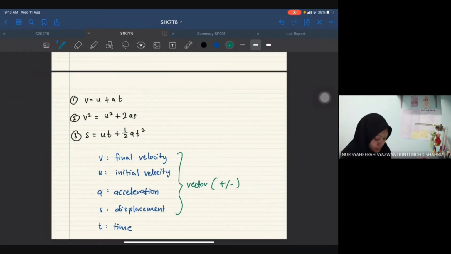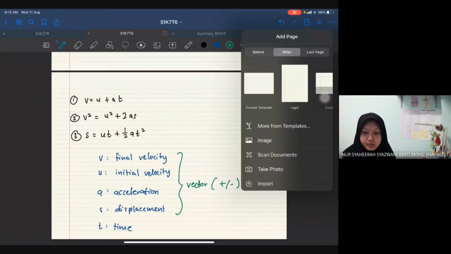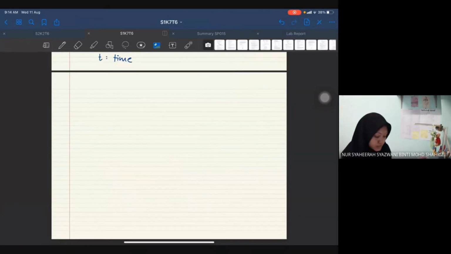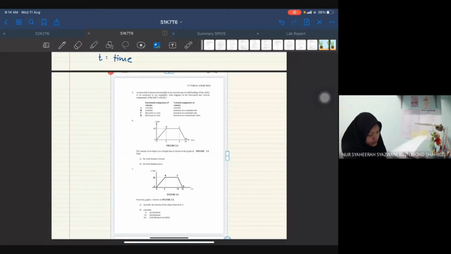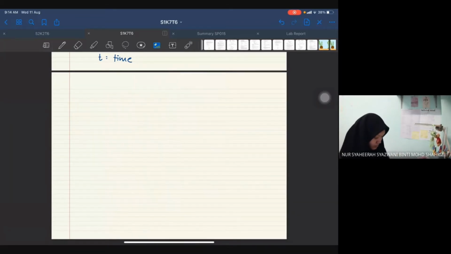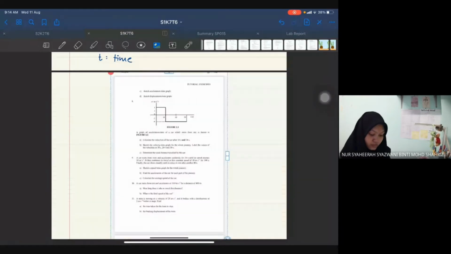To give you some examples, maybe I can straight away try to use a tutorial question. The tutorial questions kamu banyak. So kita dah discuss a few. Okay, we're gonna start with question number 10.